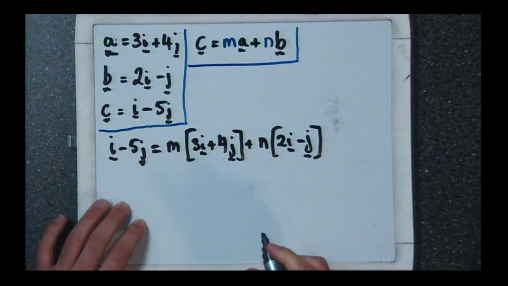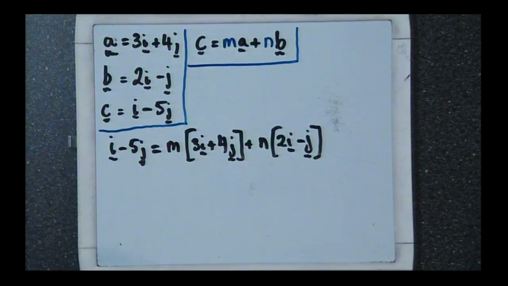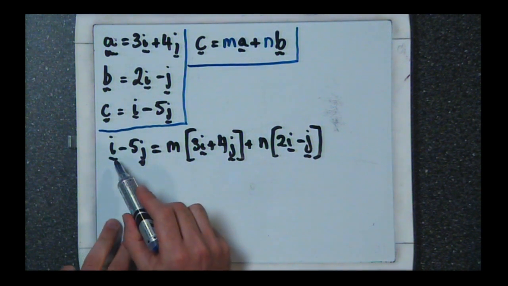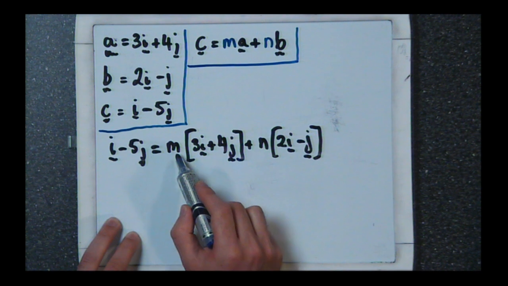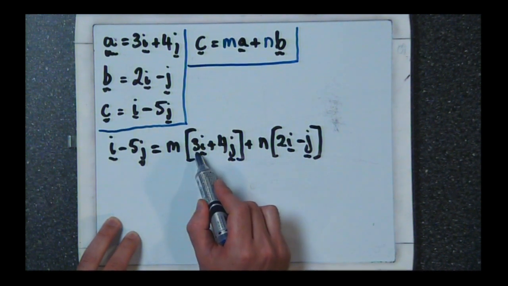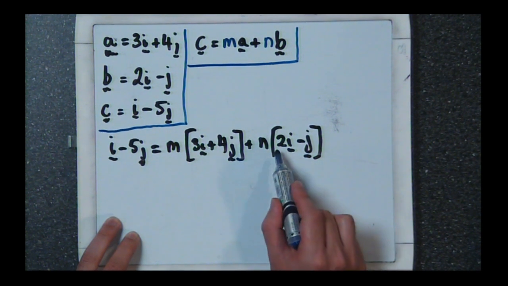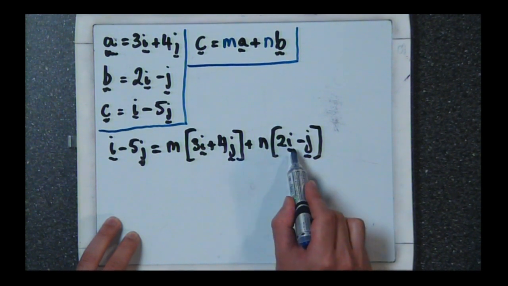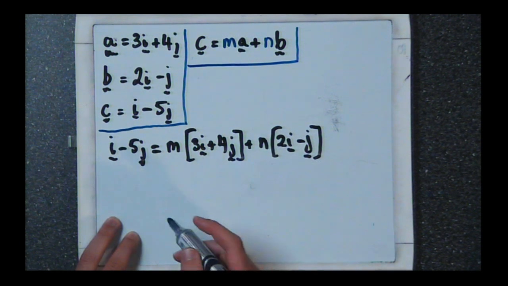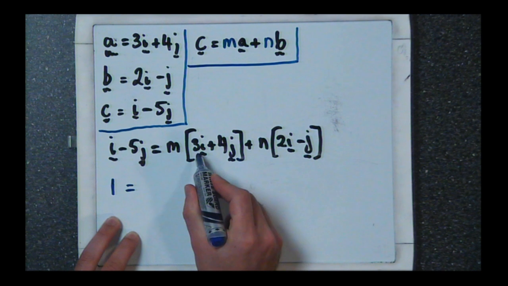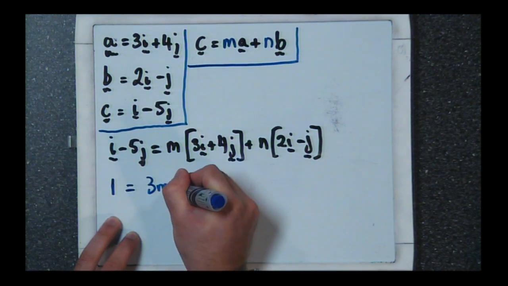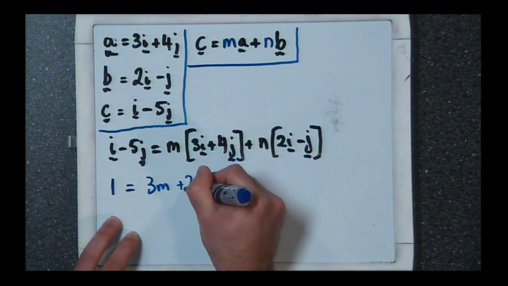So we're going to equate the coefficients. On this side we've only got one i, so we can write an equation with all the i's. This expands out to 3m times i, and this one 2n times i. So we want the 1i from this side to equal 3m plus 2n.